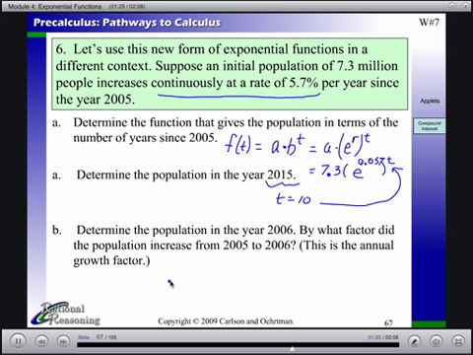Now how would you get it in 2006? T equals 1. What do you get? 7.739. Let's do one more decimal place. 7.728.